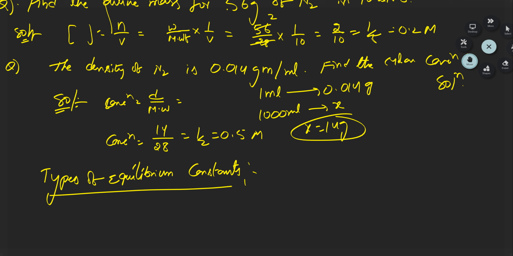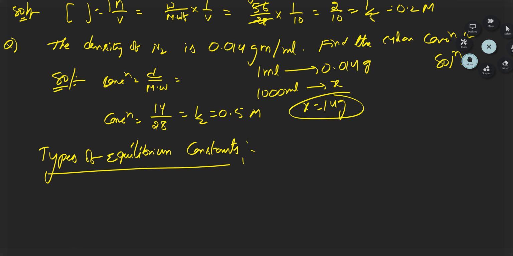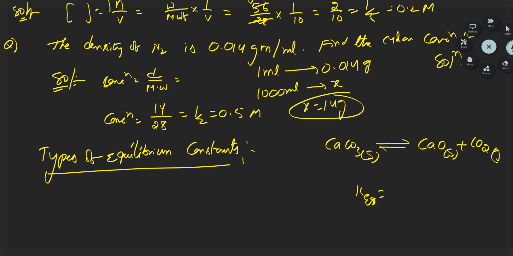Whenever you are getting an equation, for example, CaCO3 in solid state gives rise to CaO in solid state plus carbon dioxide in gas state. How can you write that equilibrium constant? Product concentration by reactant concentration. But here, what are the products? Calcium oxide in solid state into CO2 in gas state by CaCO3 solid state.